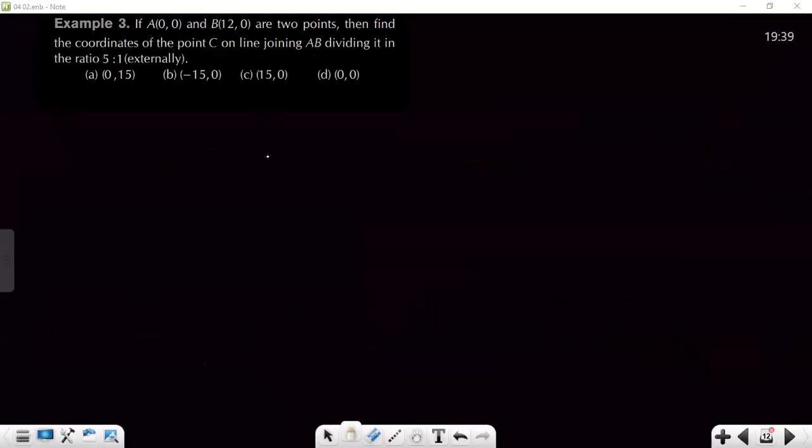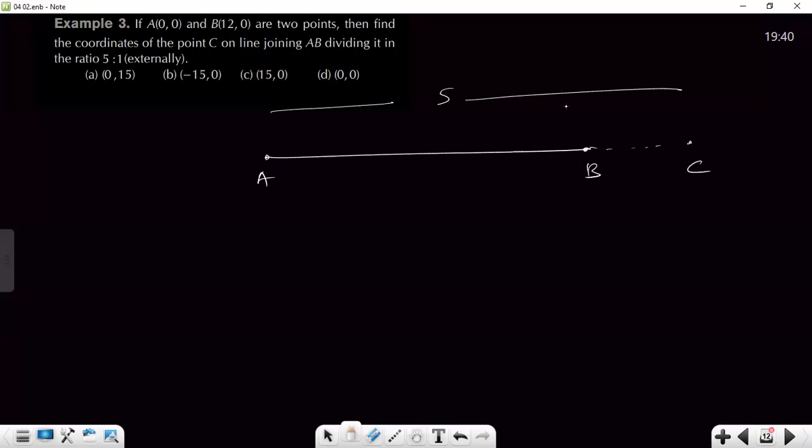So there is a line AB, and the point is on the line joining AB, and it is dividing it externally, so the point will lie somewhat ahead in 5 is to 1 ratio. The coordinates of A is 0, 0. B is 12, 0. C is what we need to find out.